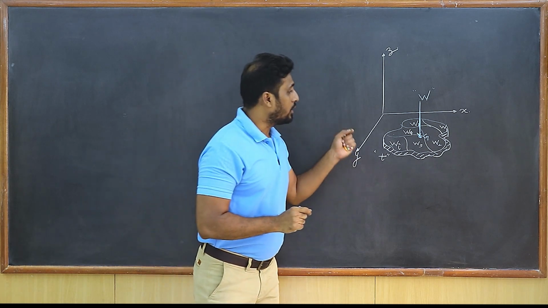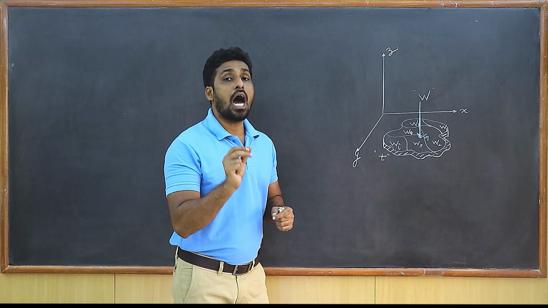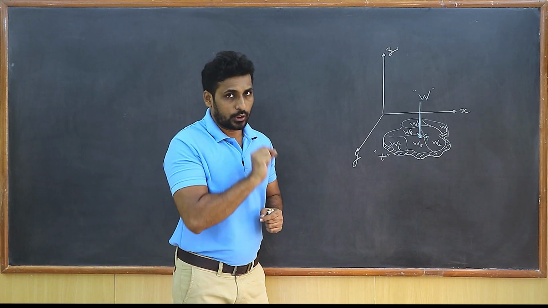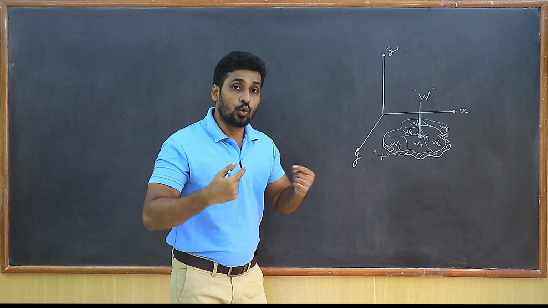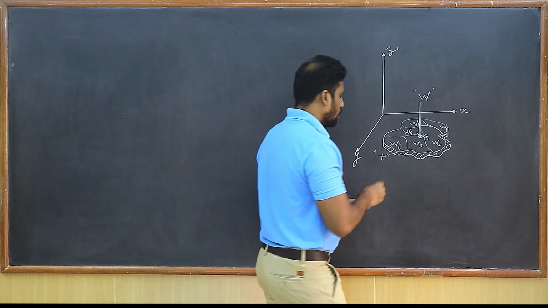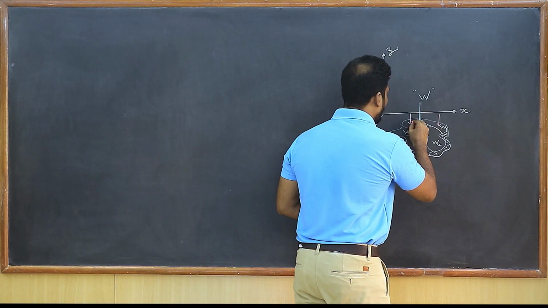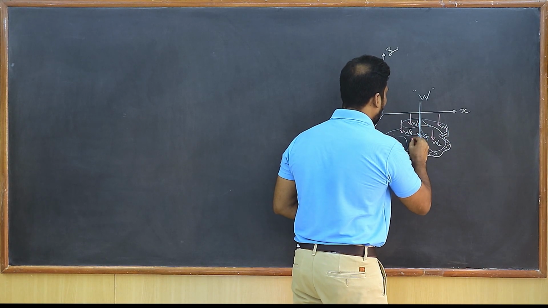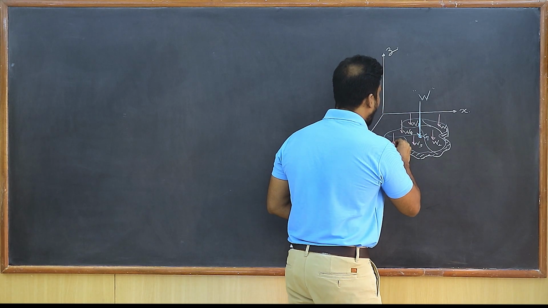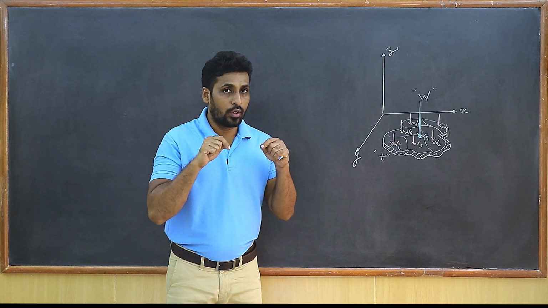Now W1, W2, W3, W4, and so on up to Wi. These are weights of small parts of the body. So they will all be again acting in the downward direction towards the center of gravity, isn't it? So there is this W1, there is W2, there is W3, there is W4, W5, and Wi. All these weights are trying to act in the downward direction.